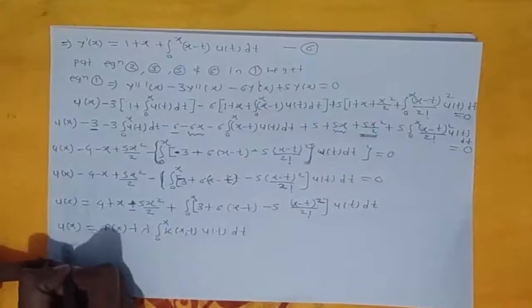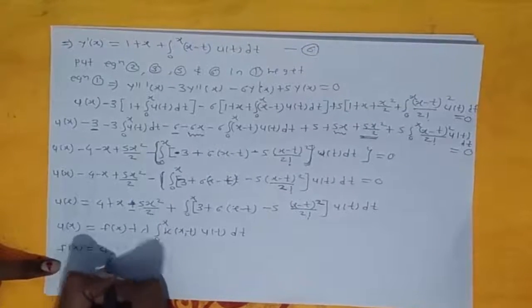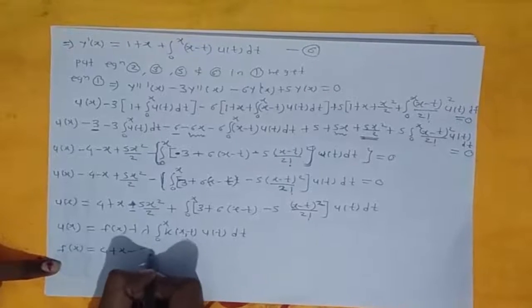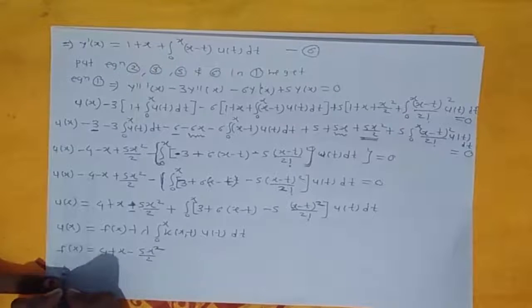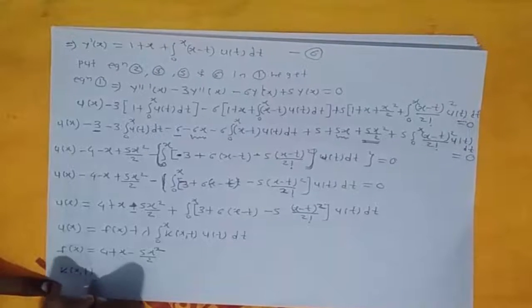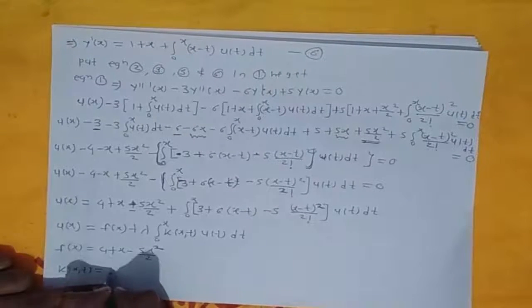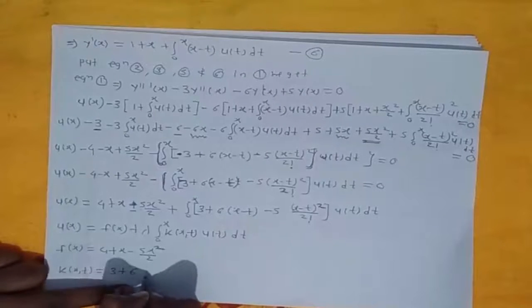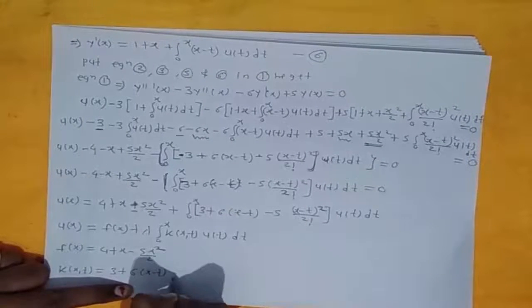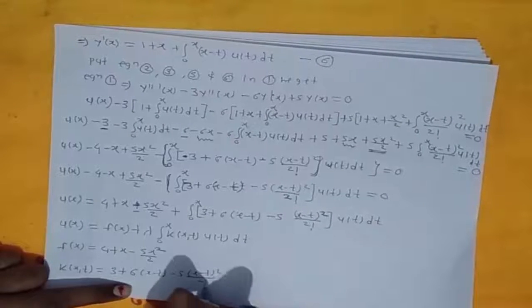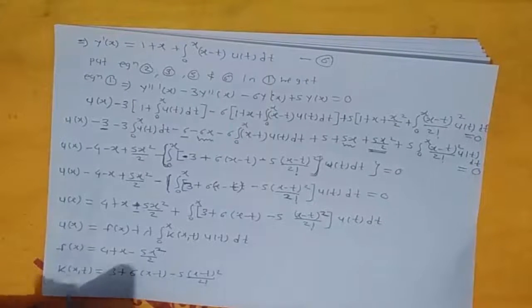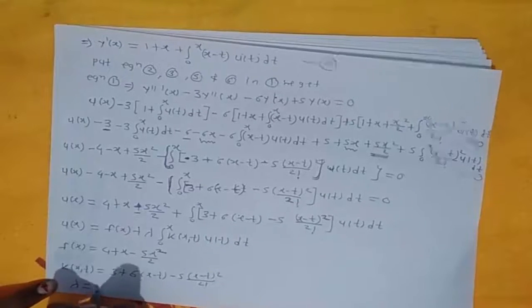Here f of x will be equal to 4 plus x minus 5x square divided by 2. Then k of x,t, that is the kernel, will be 3 plus 6(x minus t) minus 5(x minus t) whole square divided by 2 factorial, and lambda will be equal to 1.